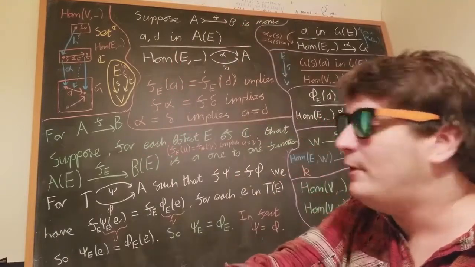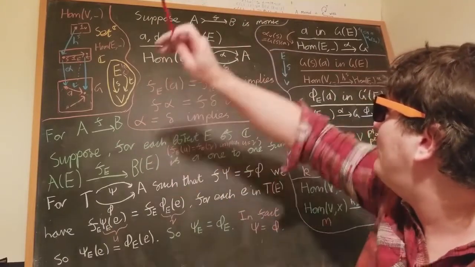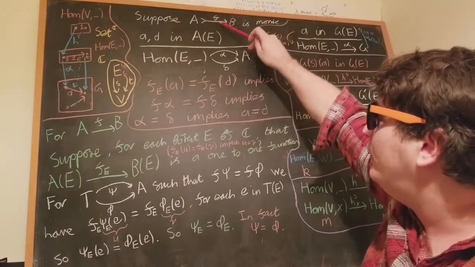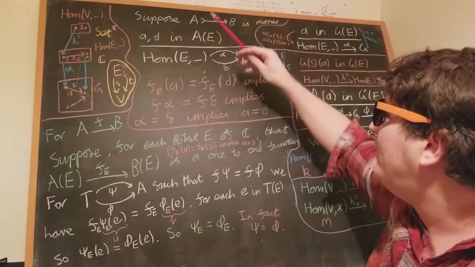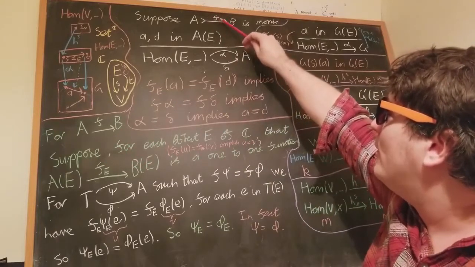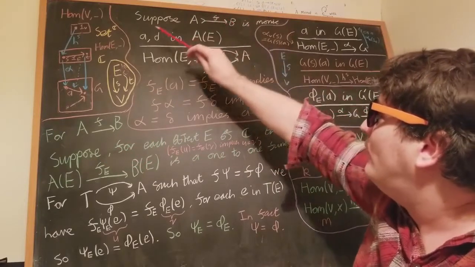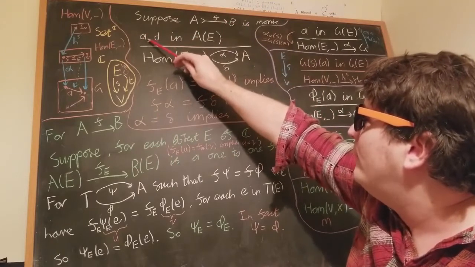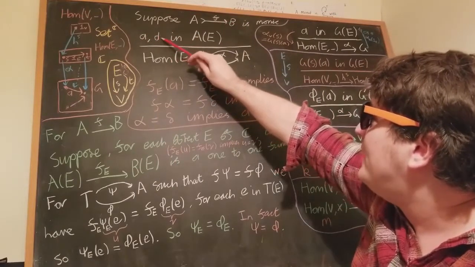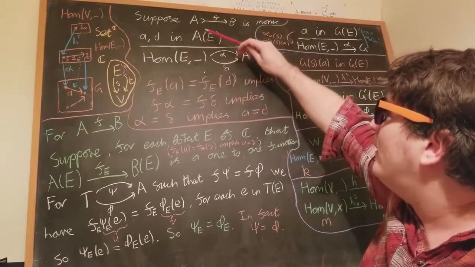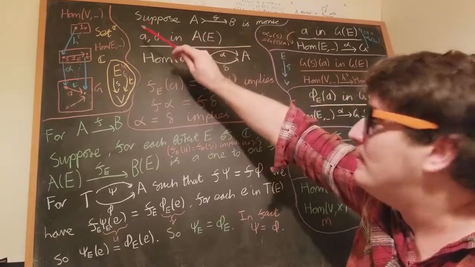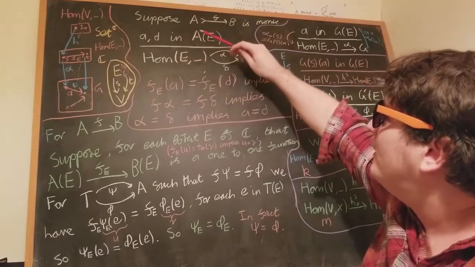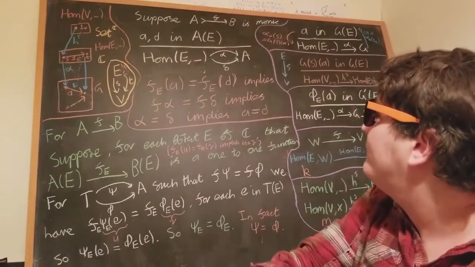So how can we see this? Well, let's start by showing that f being a monomorphism implies that it's one-to-one on each of its components. Okay, so we'll suppose that f is a monomorphism. Now let's consider a couple of elements a and d of A of E. Okay, so these are a couple of E-type elements a and d of A here.